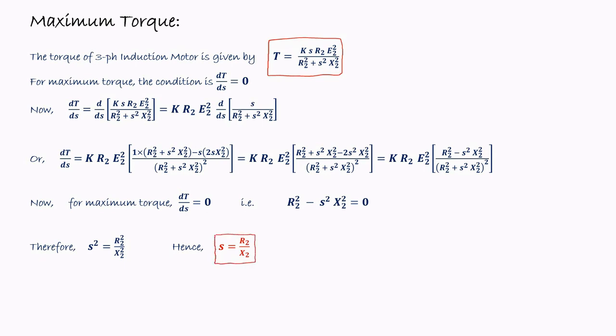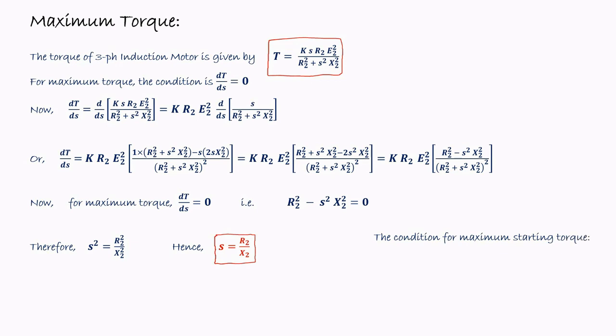Remember, slip cannot be negative, so we will ignore the negative value. So the condition for maximum torque is that the slip should be equal to R2 upon X2. That is, when the value of the slip is equal to R2 upon X2, we will get the maximum torque from the three-phase induction motor.